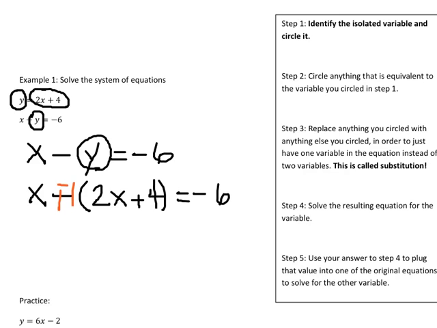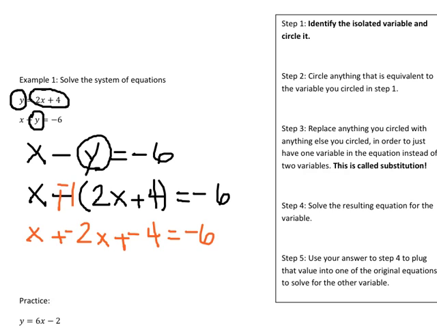And so I'm going to distribute a negative 1 to the 2x and a negative 1 to the 4. So the resulting expression down here is x plus negative 2x plus negative 4 is equal to negative 6.